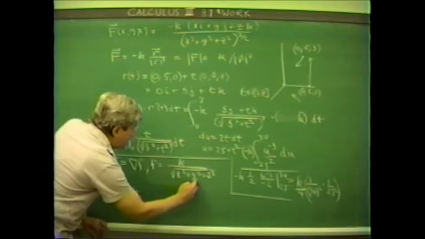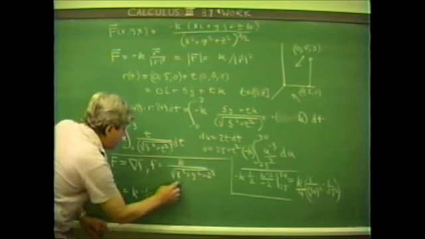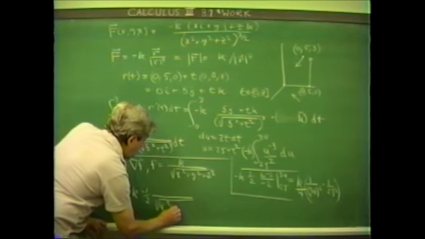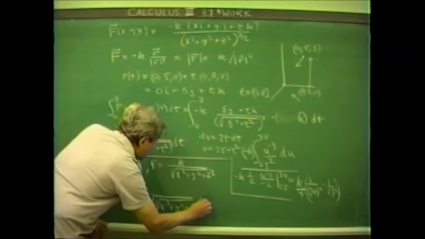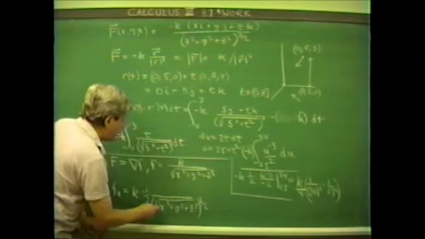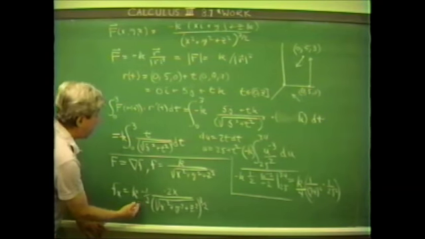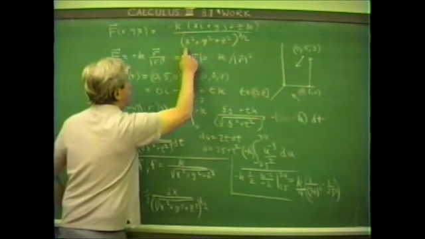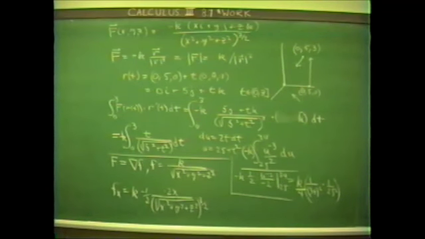Well, this is this to the minus 1/2, so it's going to be times minus 1/2 this to the minus 3/2, times the derivative of this, which is 2x. So the partial of f with respect to x is clearly right here, namely it's minus kx over this to the 3/2 power. Similarly for the partial of f with respect to y.